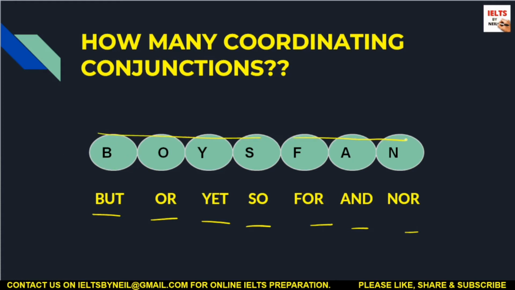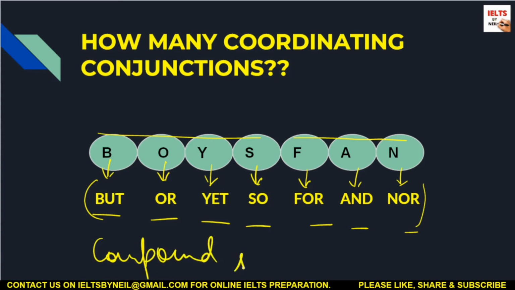Each letter stands for one coordinating conjunction: but, or, yet, so, for, and, nor. Whenever you see two simple sentences connected by any of these words, that is a compound sentence.